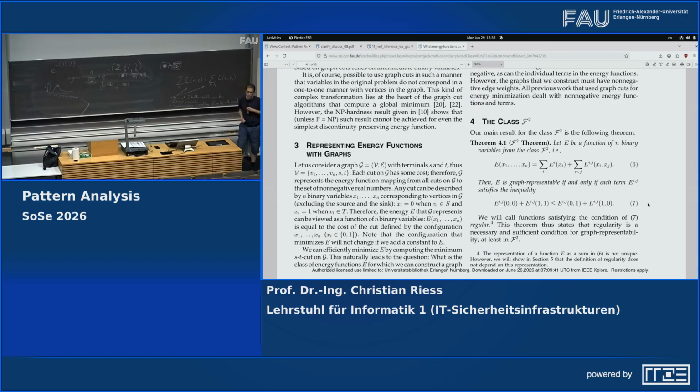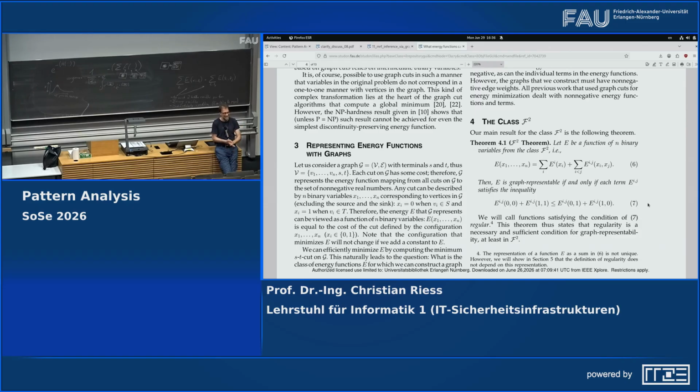I don't know, what do you think? I always have the feeling the submodularity condition is not a very surprising request, in the sense that it kind of implies if you don't have a reason to change the label, then you shouldn't change the label.